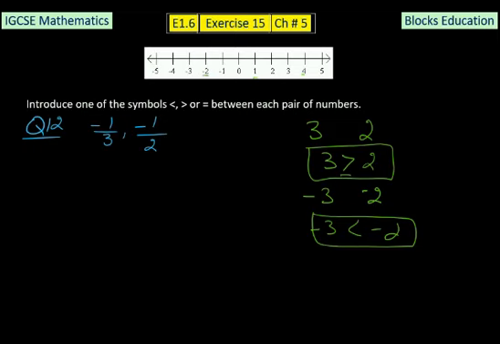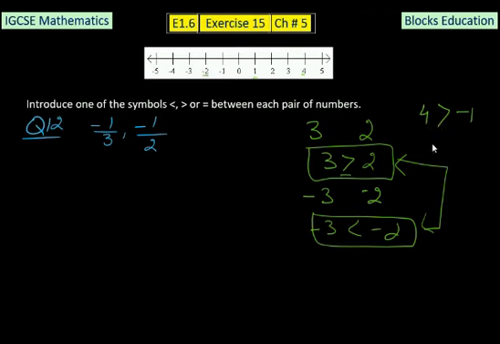Just remember this, it's a golden rule: two numbers have the opposite inequality compared to the negative versions of those numbers. So this is very important. Quickly look at another example. If I say 4 is greater than minus 1, clearly 4 is greater than minus 1 because 4 is on the right side and minus 1 on the left side.